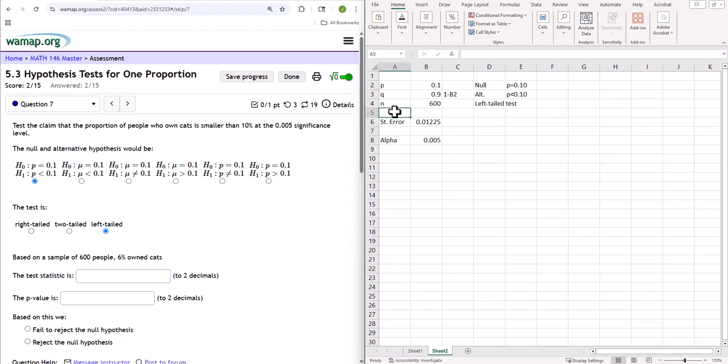So this is going to be P hat. Our data give us 6%, and that's 0.06. So we need a test statistic. Our test stat is going to be P hat minus P divided by our standard error. And just letting Excel do all the work for us here.